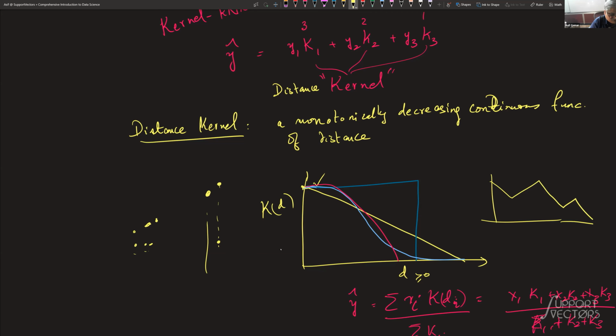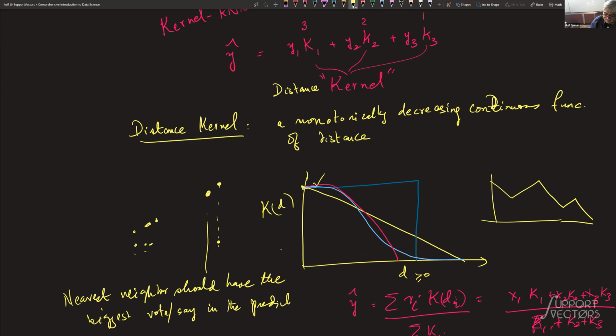Let me write it down. The nearest neighbor should have the biggest say, the biggest vote, in the prediction. So this is the idea of kernel nearest neighbor.